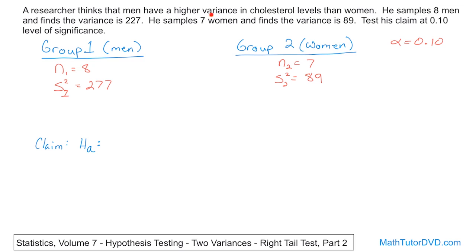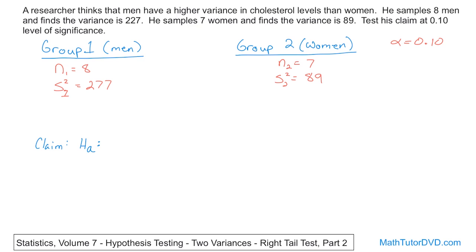It's saying the variance in men's cholesterol is higher than women. But we don't want to use s1 squared and s2 squared because the claim for the hypothesis is dealing with the whole population. We're using this data to figure out what the population behavior is. So when we write our hypothesis test, we write it in terms of the population.